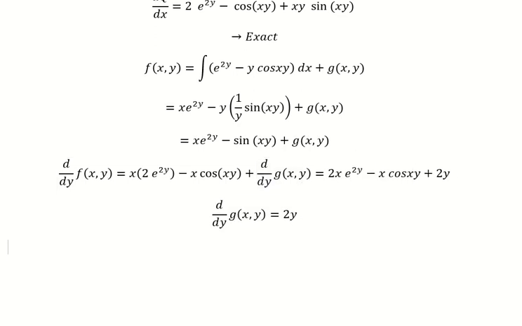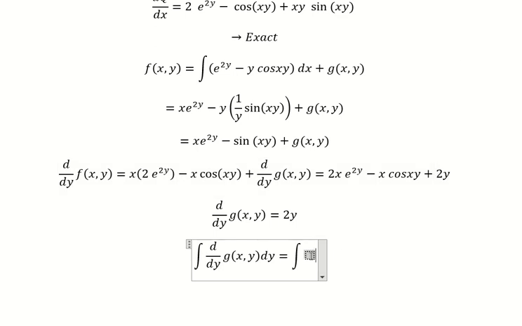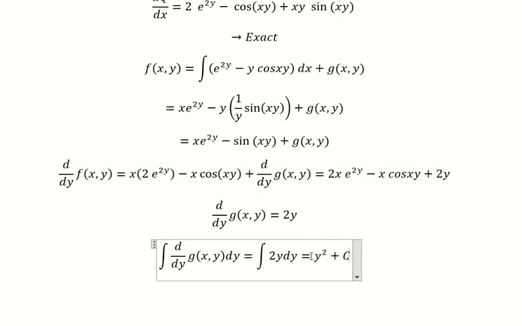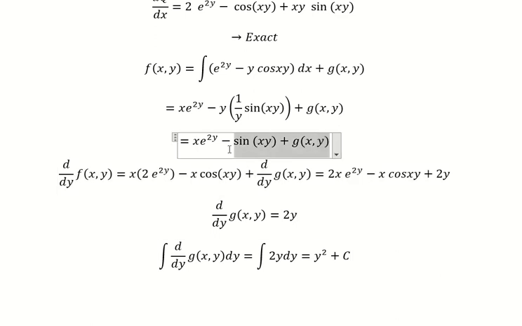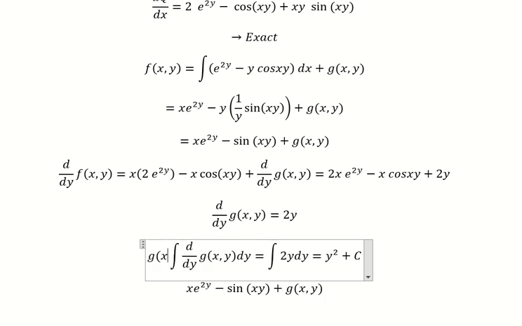The integration of this one, that is about y squared plus c. So I will put this one in here. So this one, that is about this one. So we transform y squared in here, because this one, that is about M(x,y).